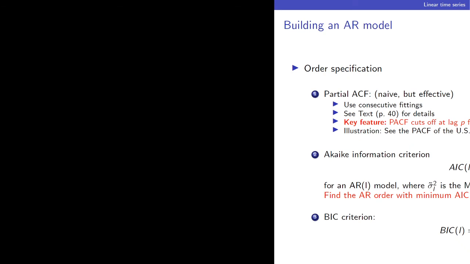Now, how can we build an AR model? First of all, we have to specify some things. First one, partial autocorrelation functions. This is a naive but pretty effective approach actually. We should use consecutive fittings. You can find more details on page 40 of the book. And there's a key thing here: the partial autocorrelation function cuts off at lag p for an AR(p) model.